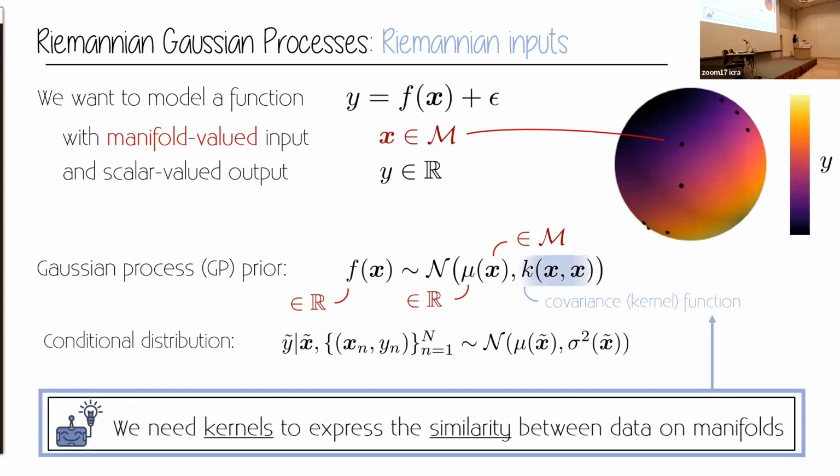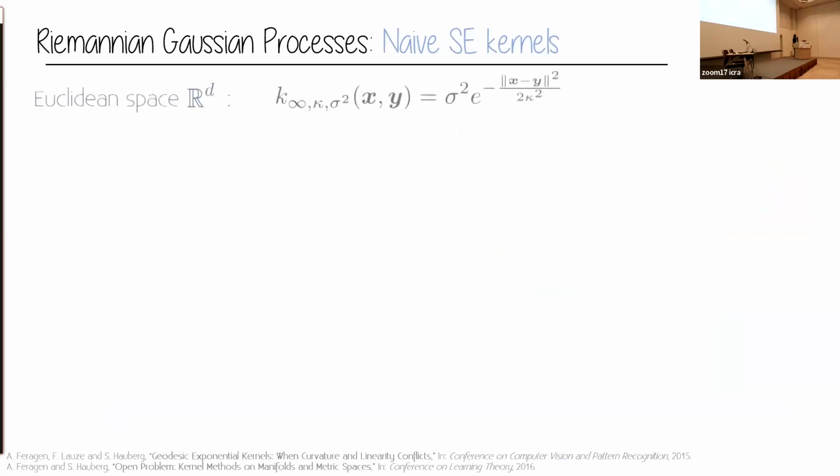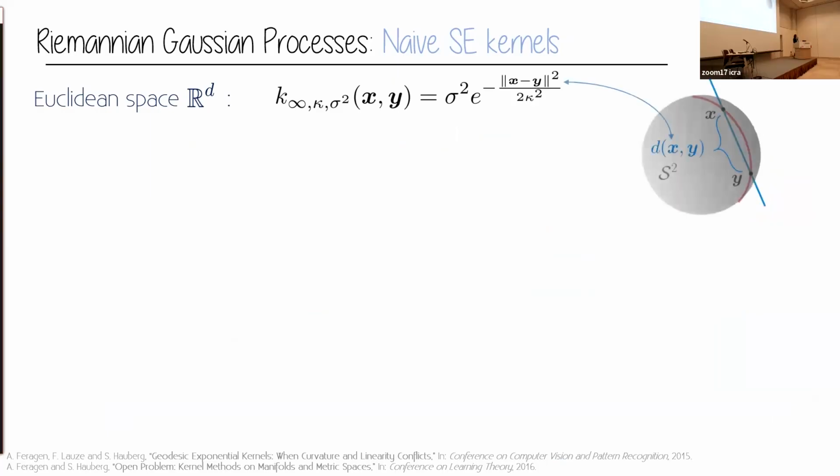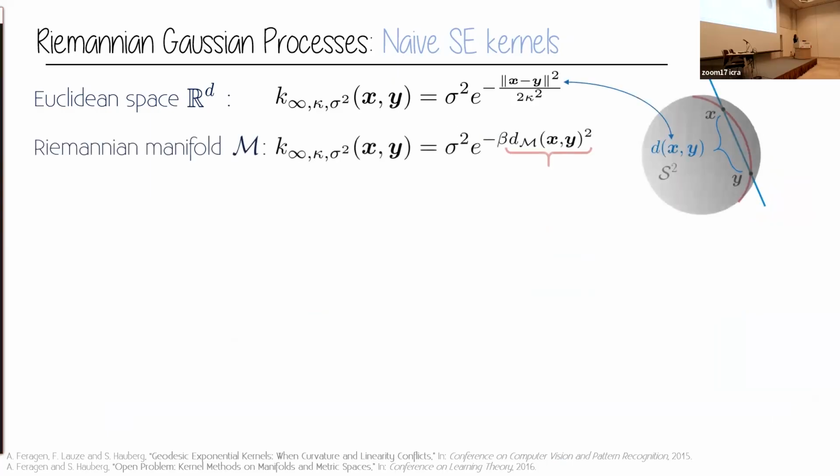What we need here is kernels that actually allows us to express the similarity between data on manifolds, right? So what the kernel tells you is really how similar your data point is, and this is here what we want to change. So a very naive way to do that is, let's say, okay, we take the Euclidean squared exponential kernel, which depends on the Euclidean distance, and let's just replace this Euclidean distance by the geodesic distance on manifold, right?